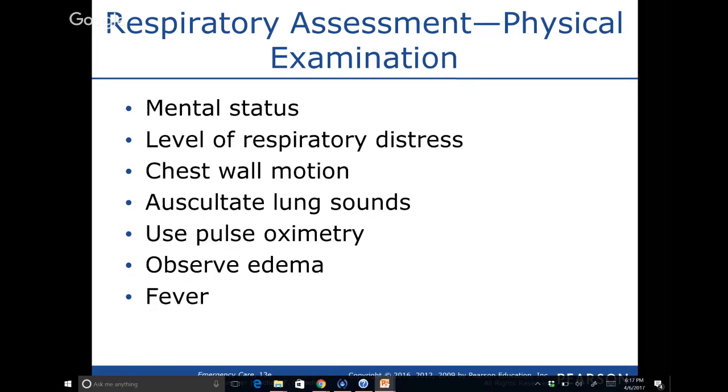Observe edema, and this is important for differential diagnosis. If you check the feet and around the abdomen and there's swelling, and they're having shortness of breath, we could be dealing with CHF. You can use that as a differential from pneumonia, or you could use fever. In the palpation part of your assessment, you feel the skin and it's hot.